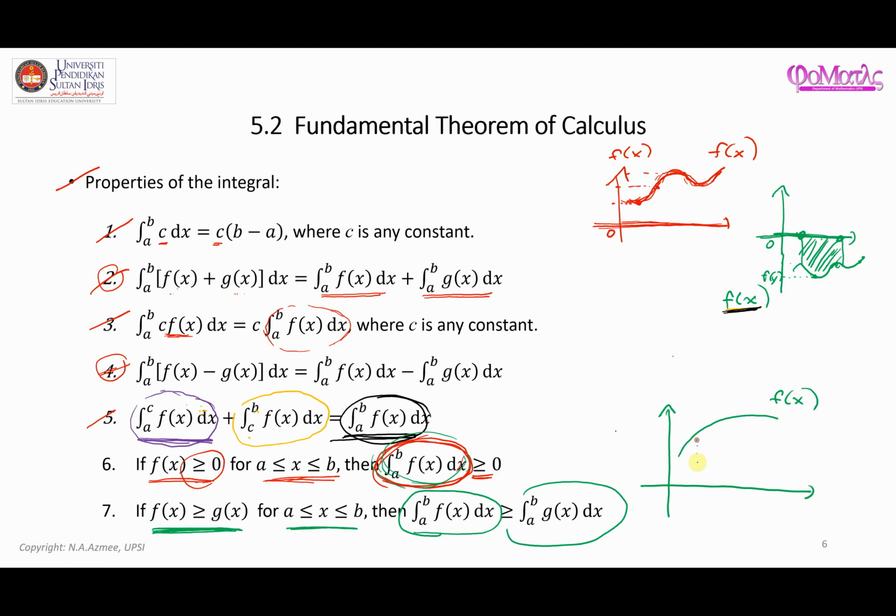In other words, the big F here is called the antiderivative of f. So what is an antiderivative? An antiderivative is when you have the situation that F prime of x is equal to f(x). So we say that big F is an antiderivative of f.